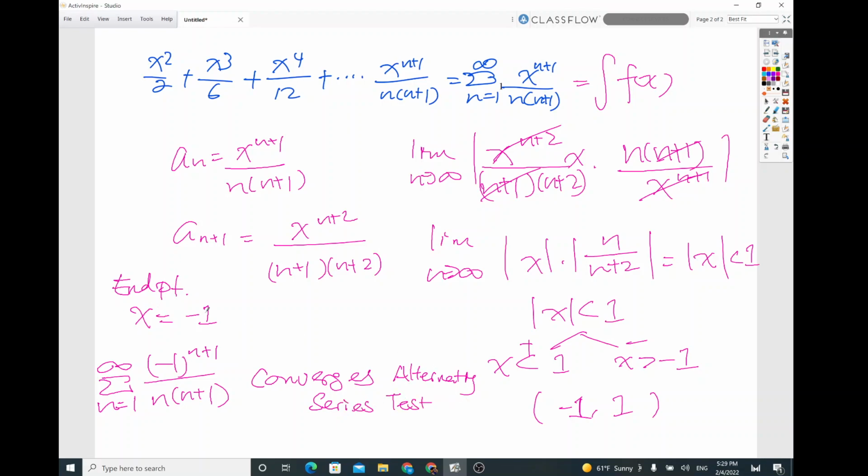So that means this point is included. And what about the other endpoint? Let's say x is 1. So by using the telescoping series, it's 1 to the power of n plus 1, that's just 1.